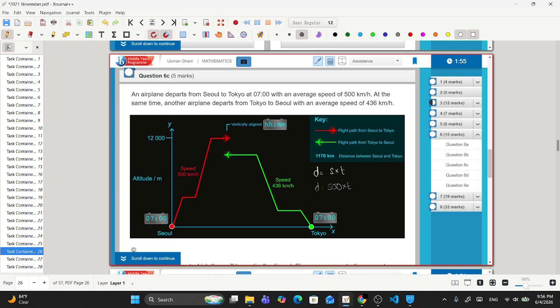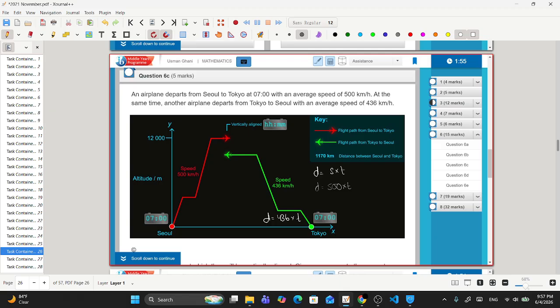Or if you were to look at it from the reference of the flight from Tokyo to Seoul, it can be distance equals 436 multiplied by t, right? Both of the equations can be made in this way.